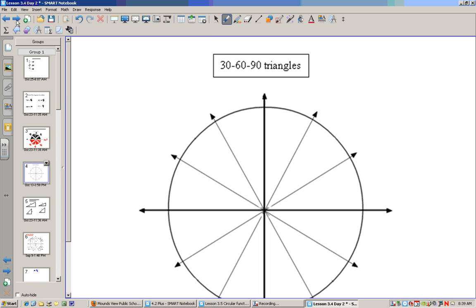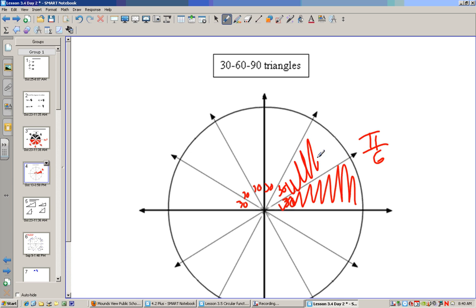All right, for 30, 60, 90 triangles, we divide from 0 to pi into 6 equal sections, because 180 divided by 6 would give us 30 degrees in each of these angles. Since we divided into 6 equal sections, this is pi over 6.